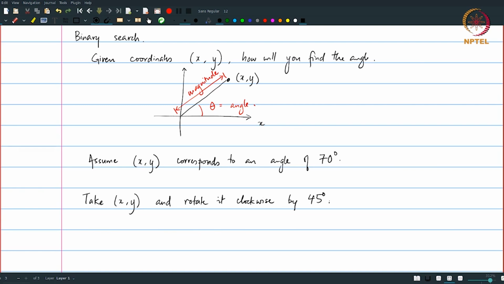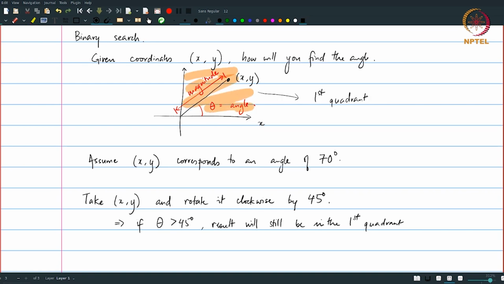Assuming that my angle is somewhere between 0 to 90 degrees, I would probably start by rotating it clockwise by 45 degrees. What would this mean? If theta was greater than 45, the result will still be in the first quadrant. Where by first quadrant I essentially mean region where x and y are both greater than 0.